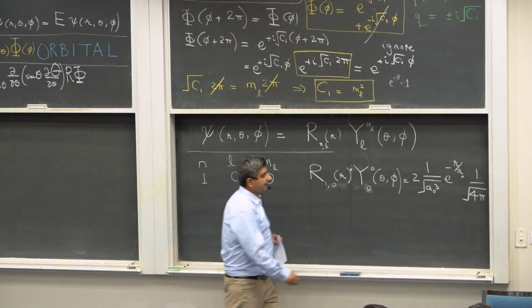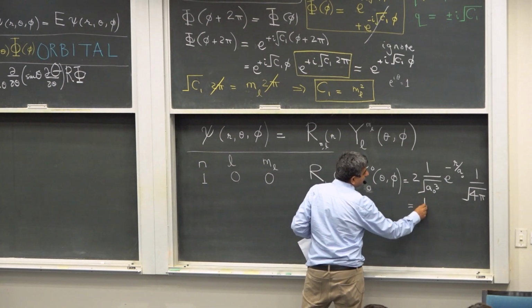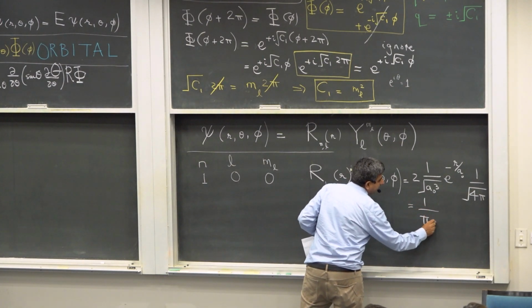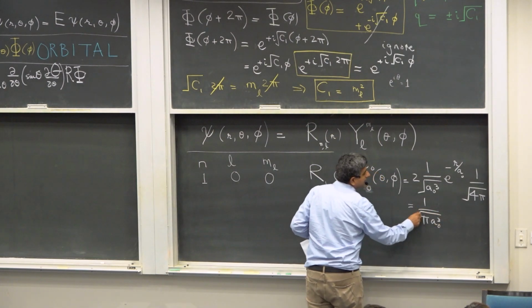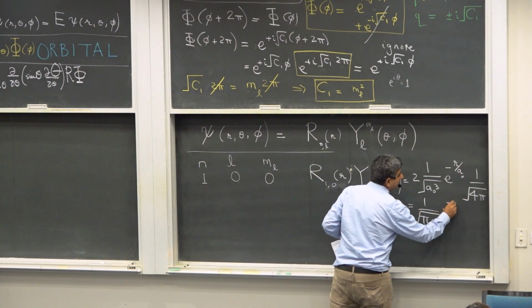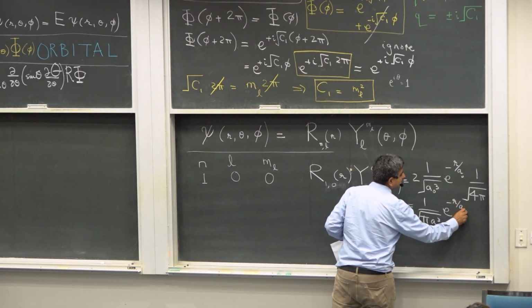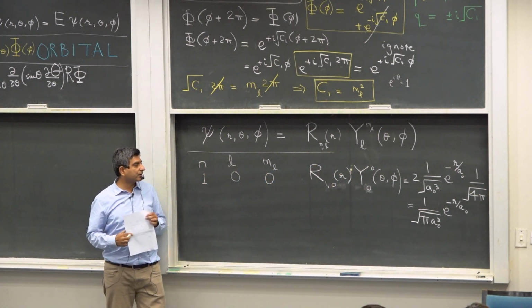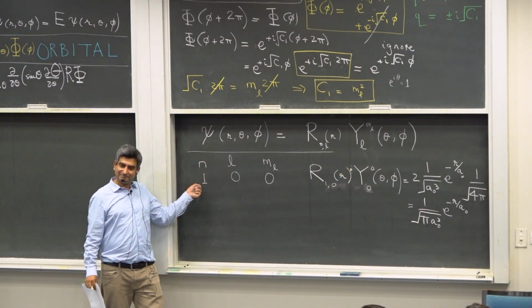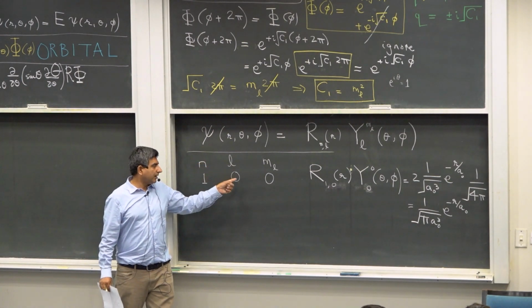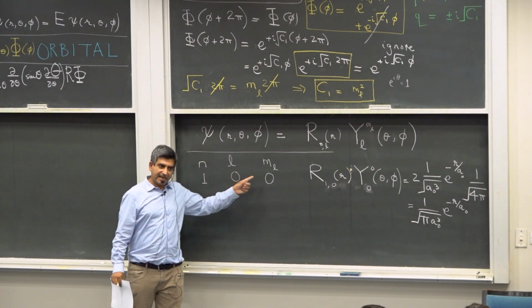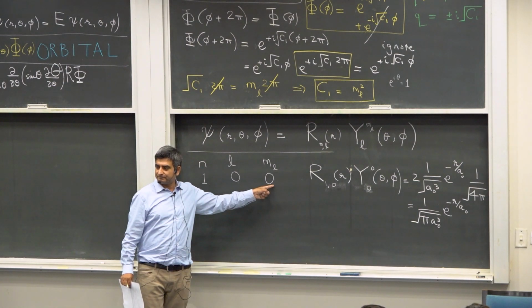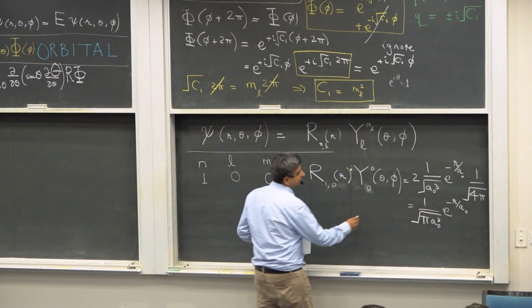All right, so this is 1 over pi a naught cube, e minus r over a naught. This is my wave function for n equals 1, L equals 0, ml equals 0.